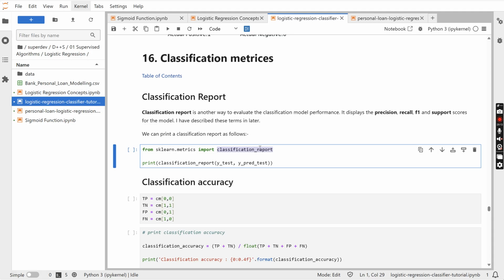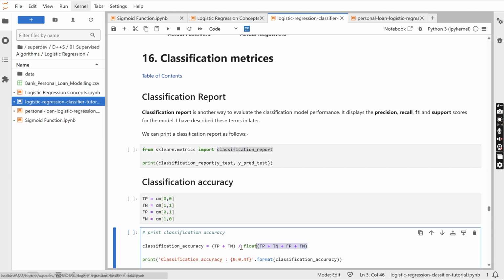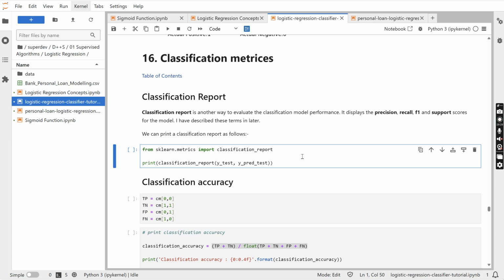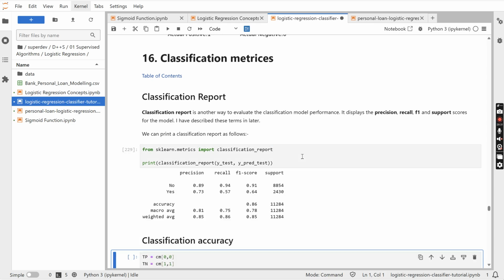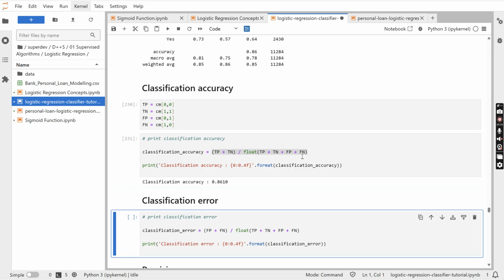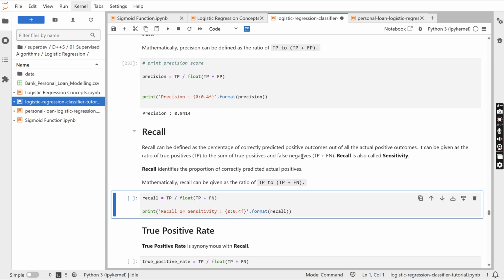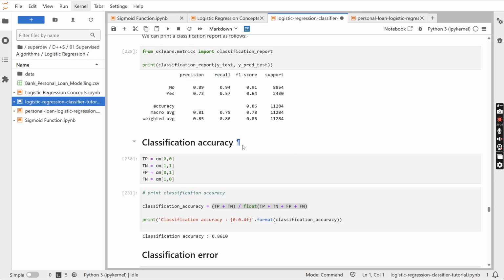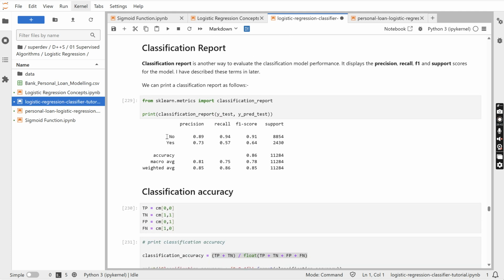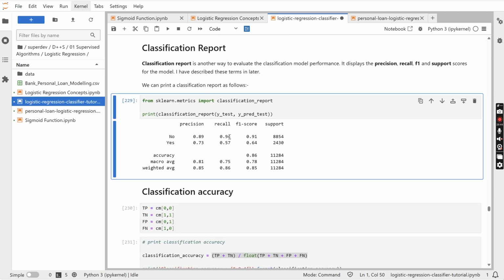Now the classification report depends highly on these confusion matrix values. So if you notice, true positive, true negative, false positive, false negative are what are used in the classification report. The moment you generate it, it produces a couple of things: the recall for each one of the classes and the F1 score of the class.